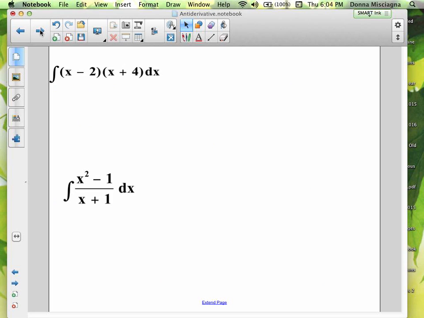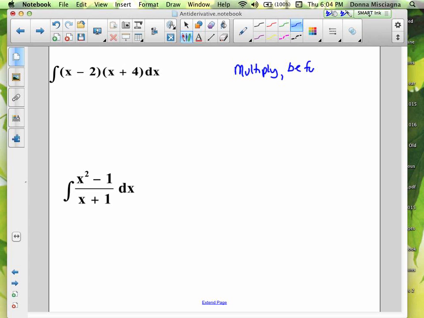Same thing here. We've got to simplify first, and so we're going to multiply before we can integrate.